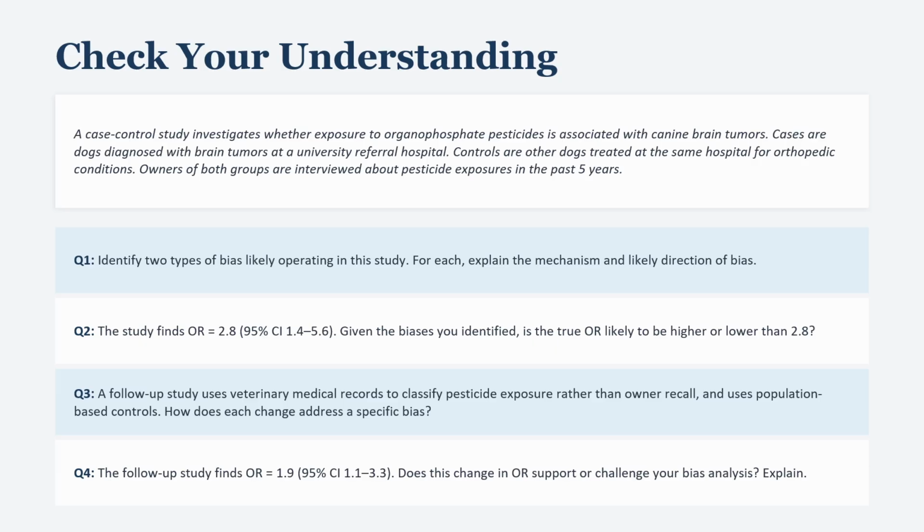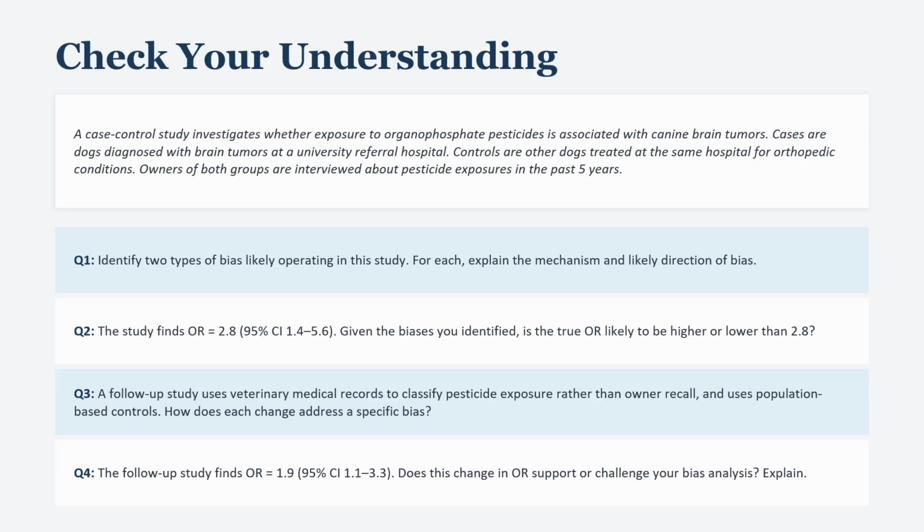Question 4, does OR equal 1.9 support the bias analysis? Yes, strongly. The OR dropped from 2.8 to 1.9 after addressing recall bias and Berkson's bias. This is exactly what we'd expect if recall bias was inflating the OR in the original study. Correcting it should move the OR toward the null.